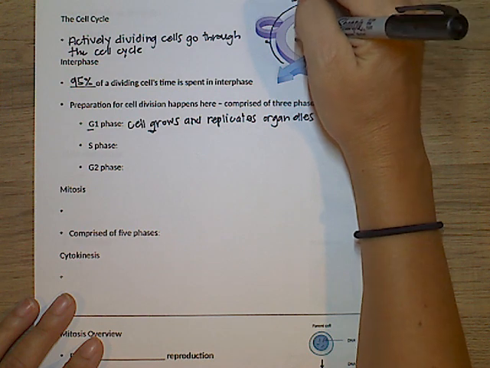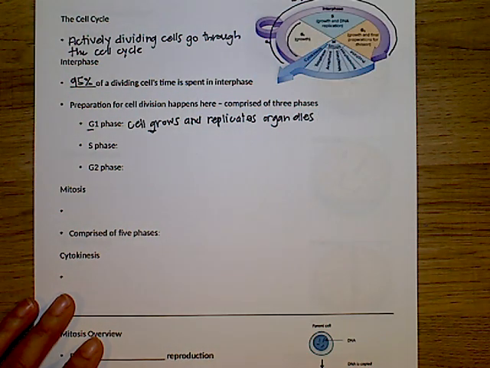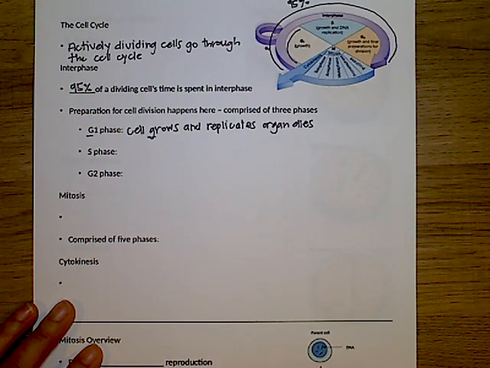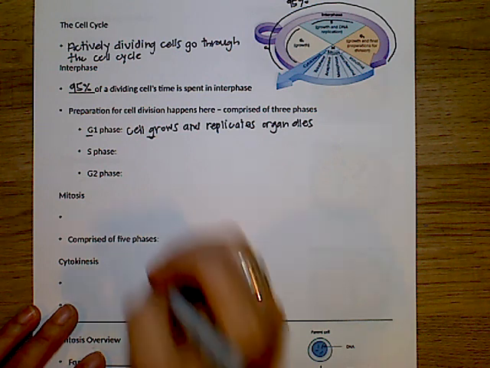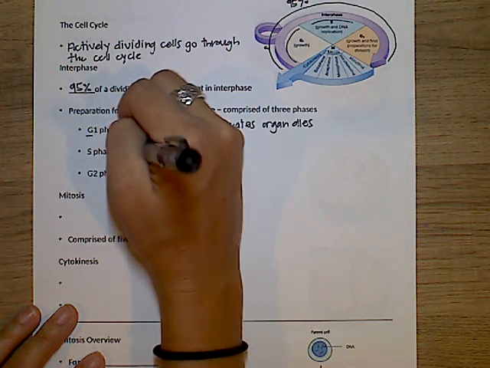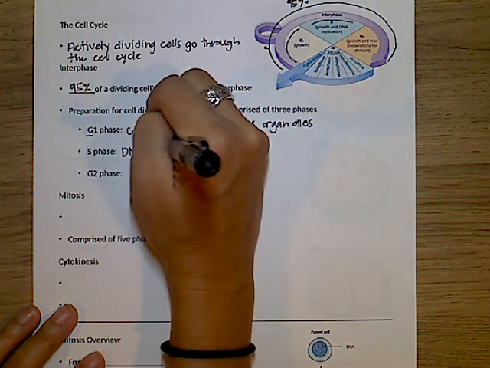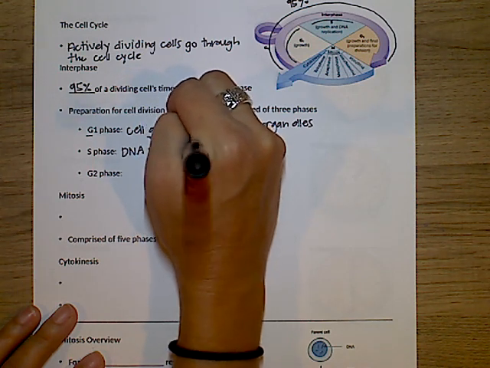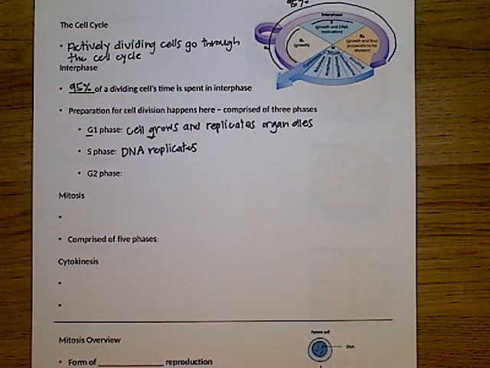So that's this little section here. The S phase in the teal there is when the DNA replicates. You gotta share 2 identical sets of DNA between these 2 daughter cells, so the DNA is going to replicate itself in this S phase of interphase.